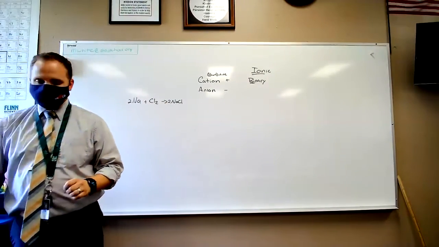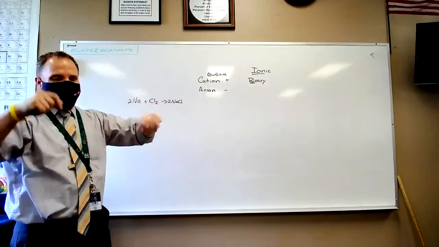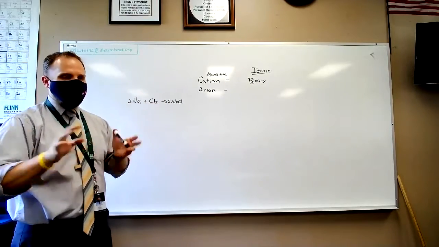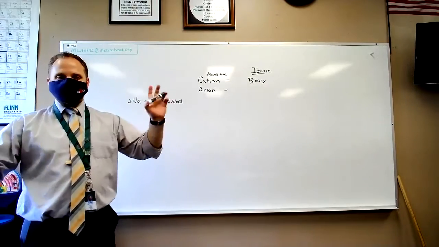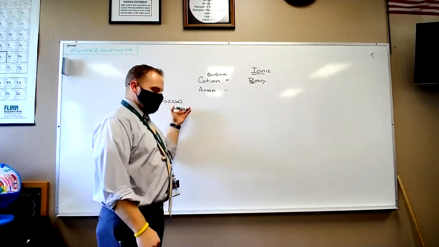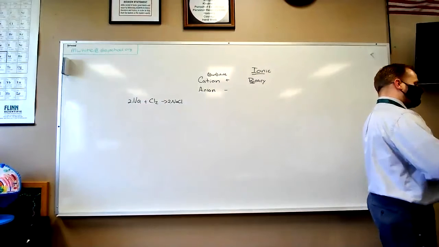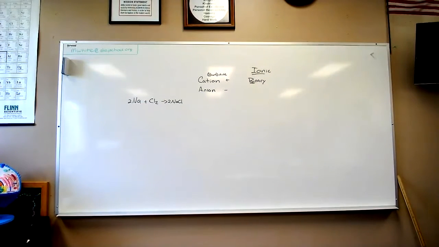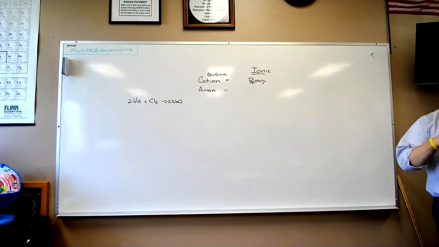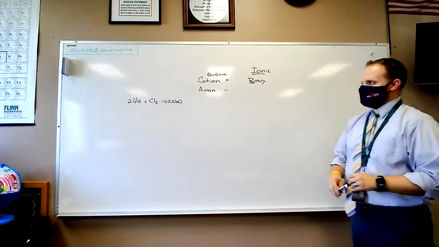But, and this is getting ahead of ourselves just a little bit, so if this doesn't make complete sense, don't stress. The resulting compound has less energy. Okay, there's energy that is released, which allows this to happen.